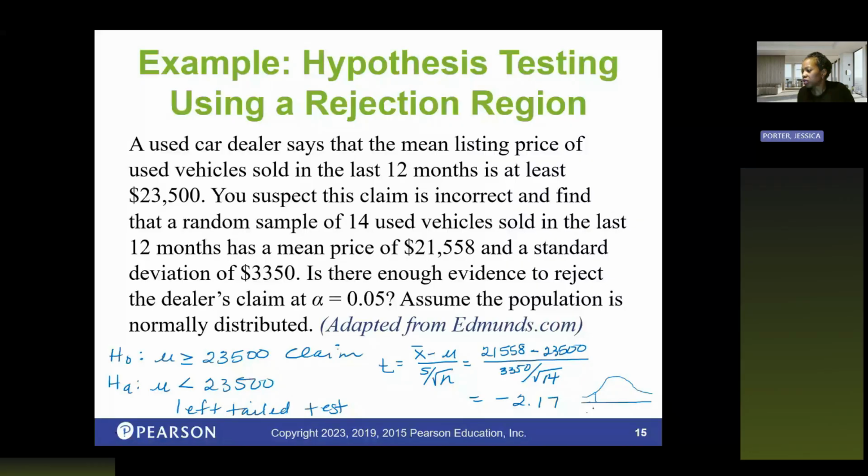So here's our t critical value, negative 1.77. Our t statistic, negative 2.17, is inside the rejection region. So that means what?